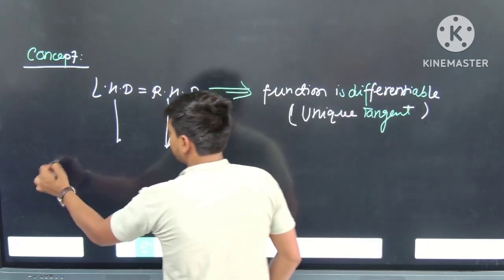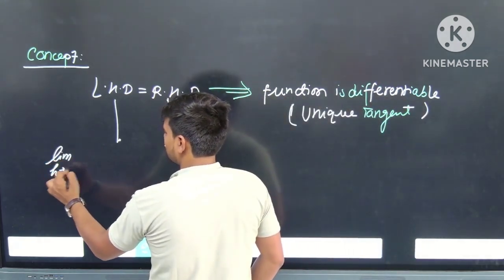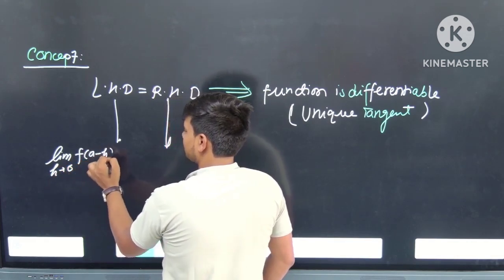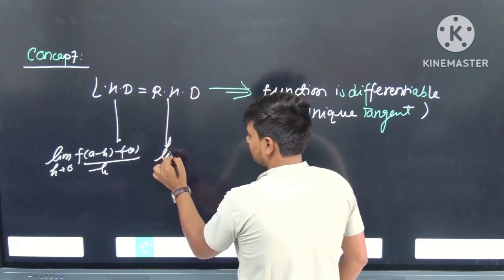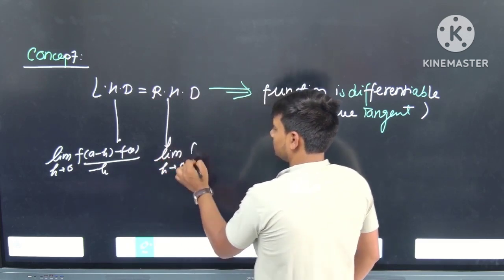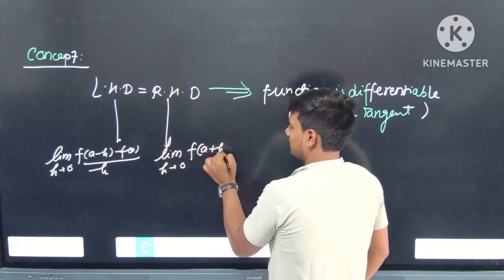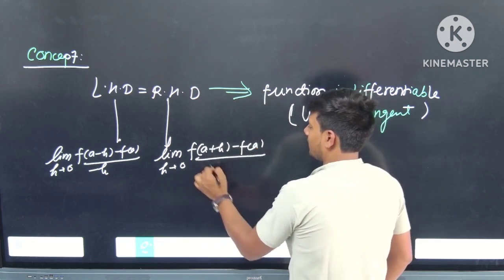What is LHD? That is limit h goes to 0, f(a minus h) minus f(a) upon minus h. What is RHD? Limit h goes to 0, f(a plus h) minus f(a) upon h.